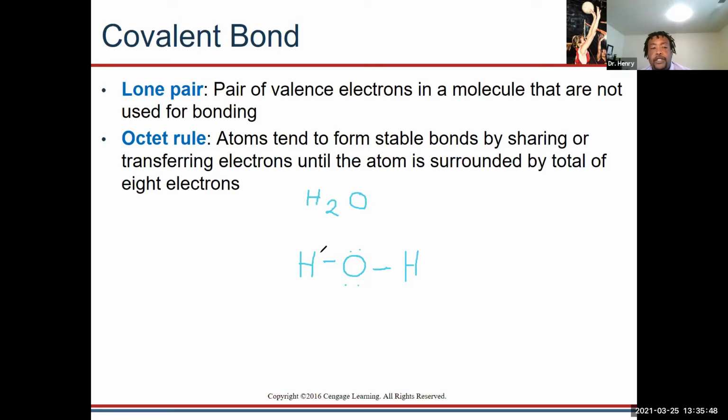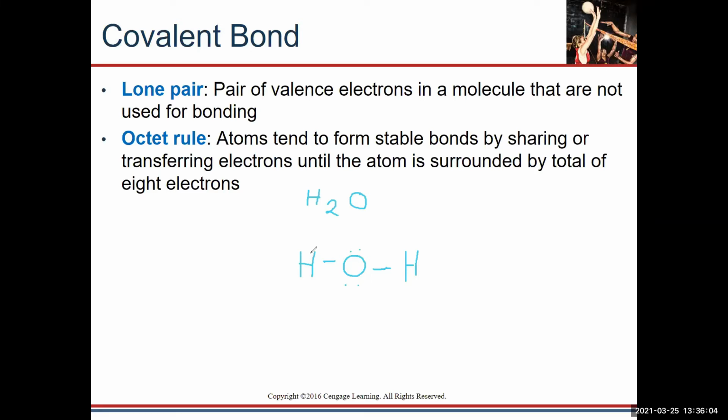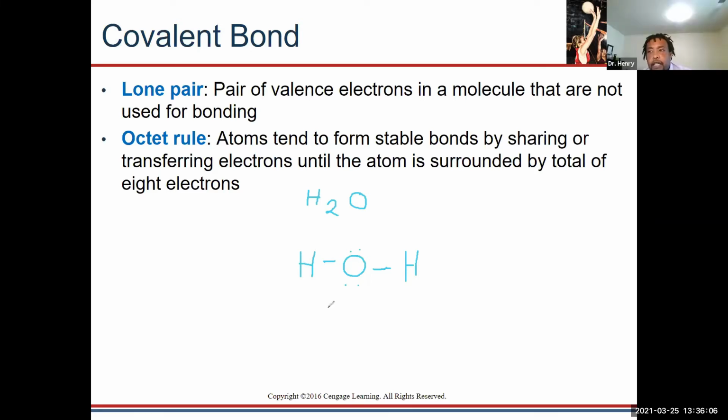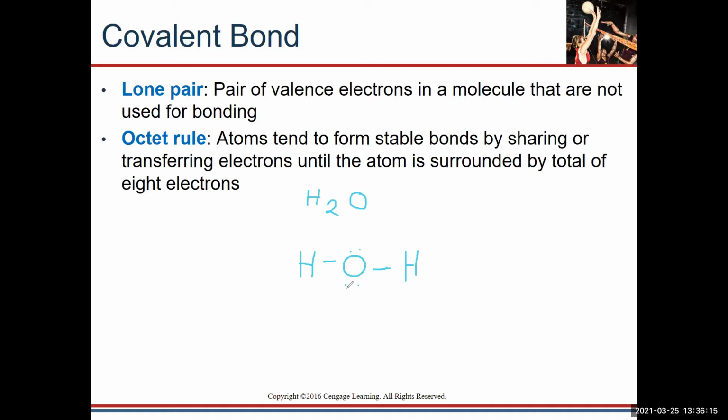Hydrogen is an exception because it only wants to be like helium, with 2 electrons around it, since this bond represents the sharing of 2 electrons. So we have a total of 8 electrons around oxygen: 2, 4, 6, 8. You guys agree with me? Yes.